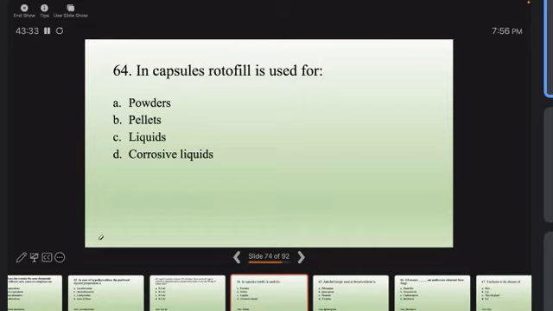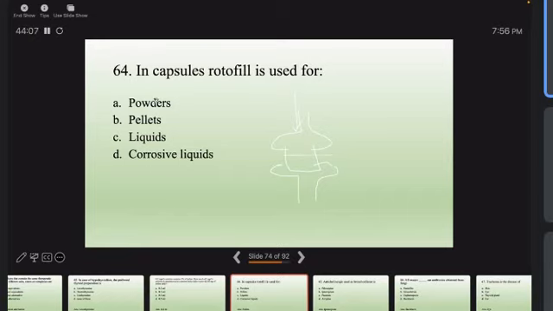So it may not be able to fill powders. The apparatus will have two parts, one like this, and another like this. You place your pellet, capsule or your desired agent here, and this moves up and down at a particular pressure to press on this to fill.